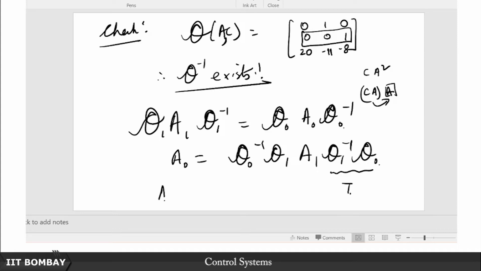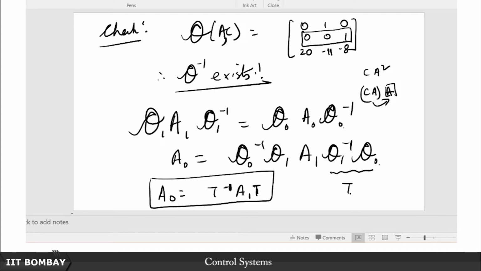So then I have A_O is equal to T inverse A1 T. Again, like I did for the controller case, I'm probably going off on a longer route to prove a very similar thing.